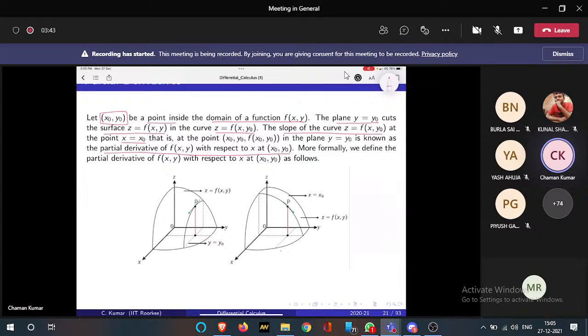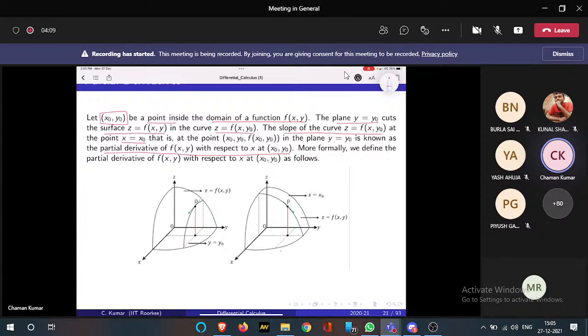to calculate the partial derivative, we fix the value of y at, say, y is equal to y naught, and by fixing this y, we are geometrically erecting a plane at y is equal to y naught. This plane will cut the surface to give a curve, right?